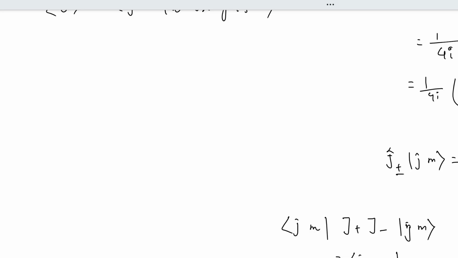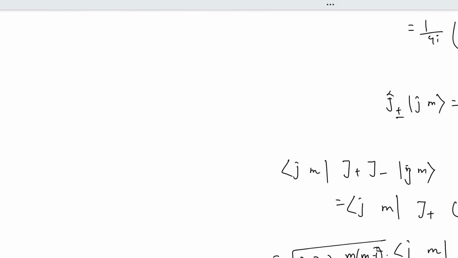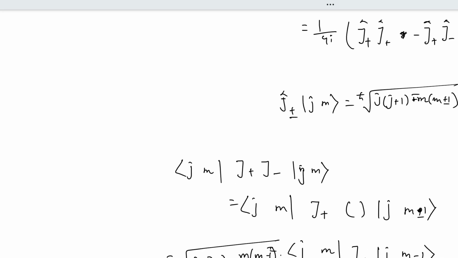So this factor is there, minus m minus 1. When j plus acts on j m minus 1, so the new m is m minus 1 basically. So it has to take the j plus prefactor. So j into j plus 1 minus, instead of m into m plus 1, you have now m prime as m minus 1. So m is now m minus 1 effectively. So this is the thing as prefactor.